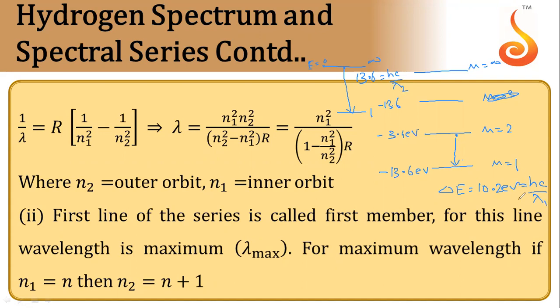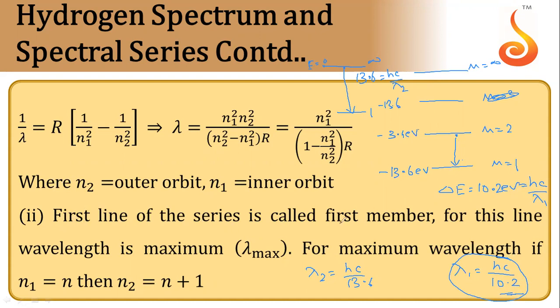In which of these cases will lambda be greater? Here lambda 1 is coming as hc by 10.2, and lambda 2 is coming as hc by 13.6. So obviously, lambda 1 will be more. That's what they are trying to say.